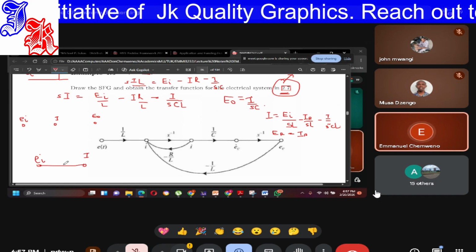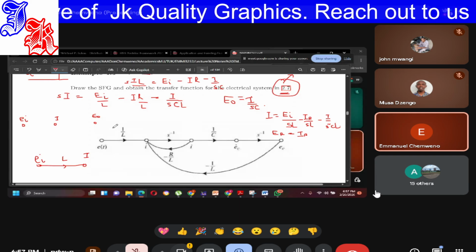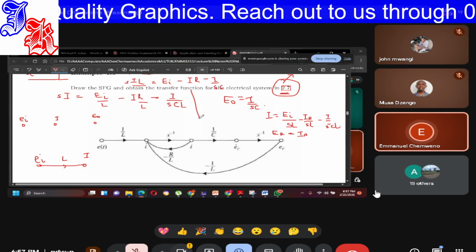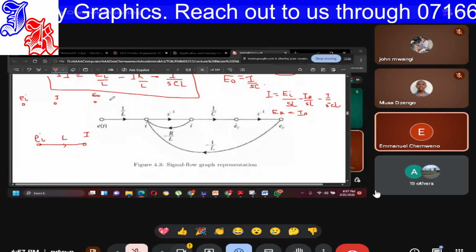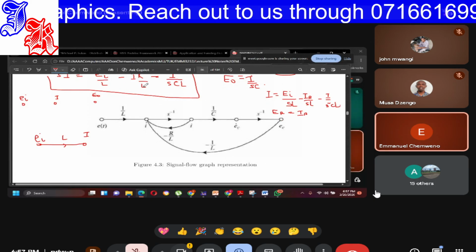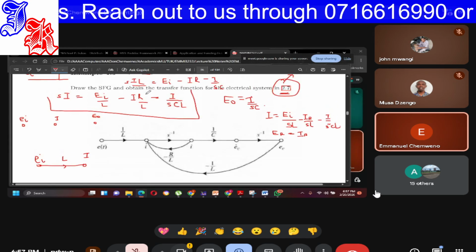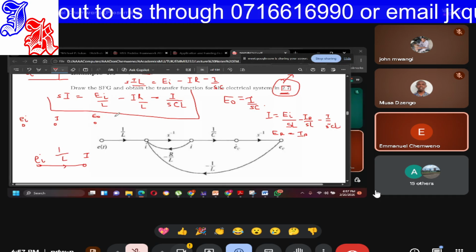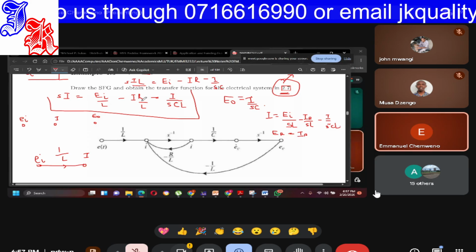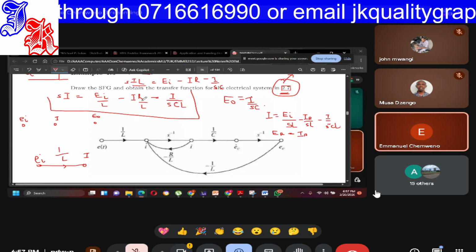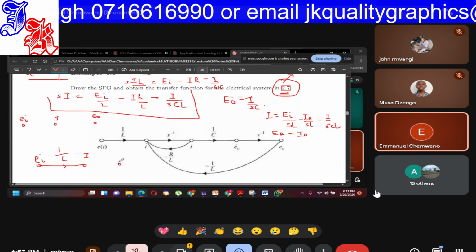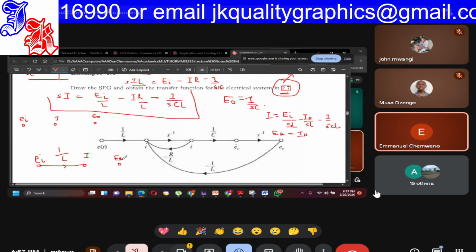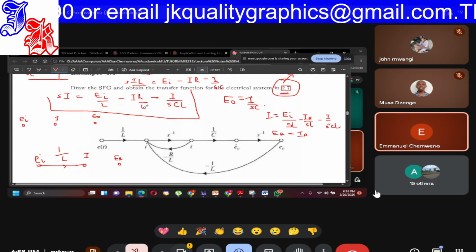This EI over L, minus, okay. Let me just use this equation so that I don't complicate. EI over L minus this ER, the first equation.